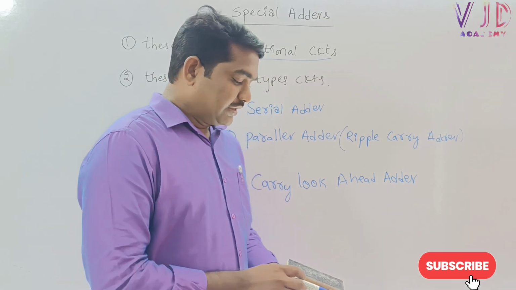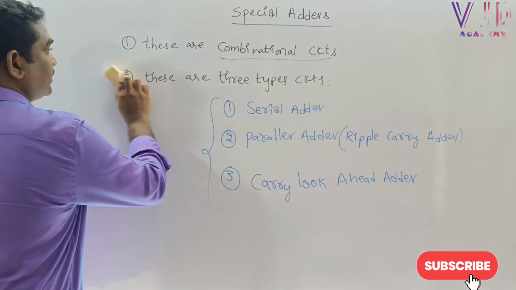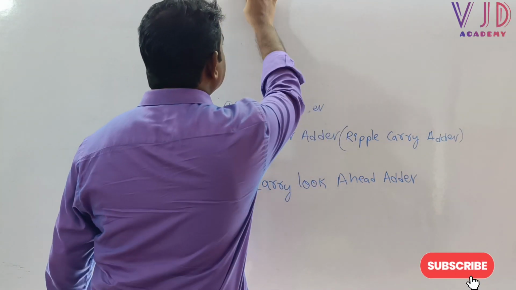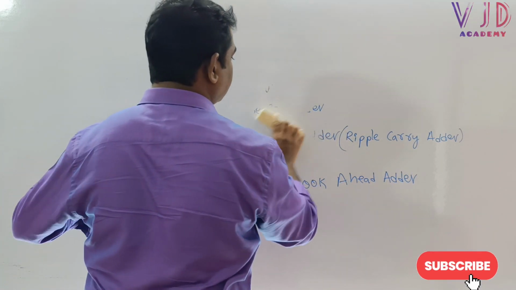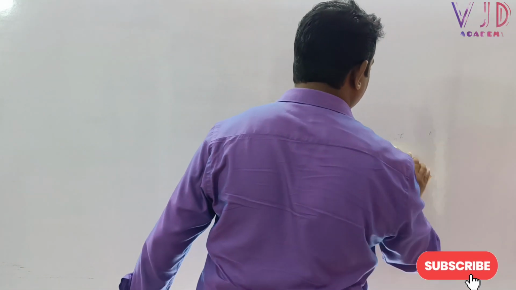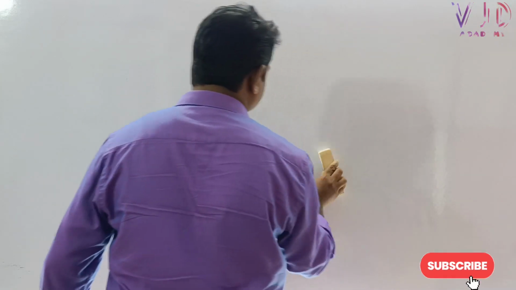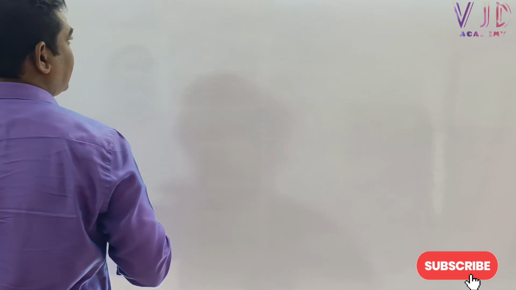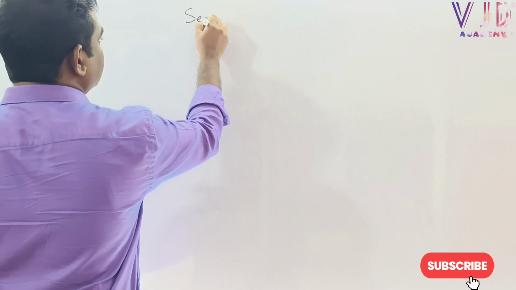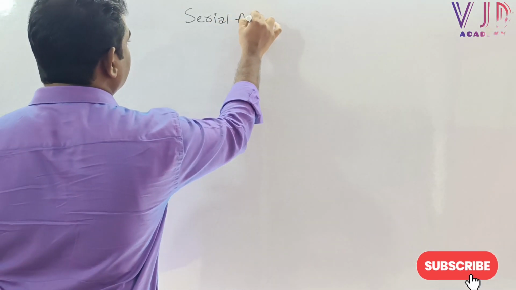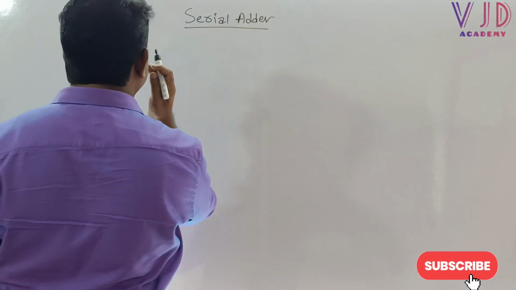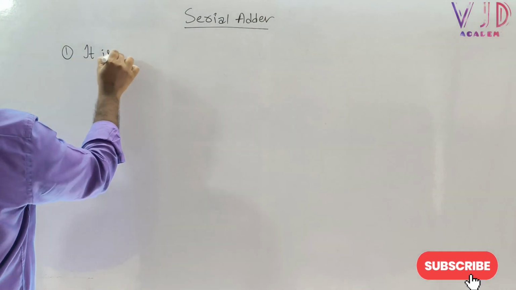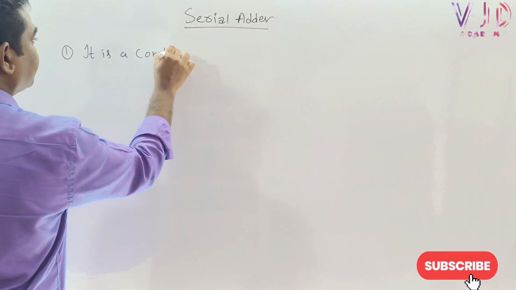Now let me take the first adder, serial adder. First make a heading, serial adder, and write a few points here. The first point is that it is a combinational circuit.